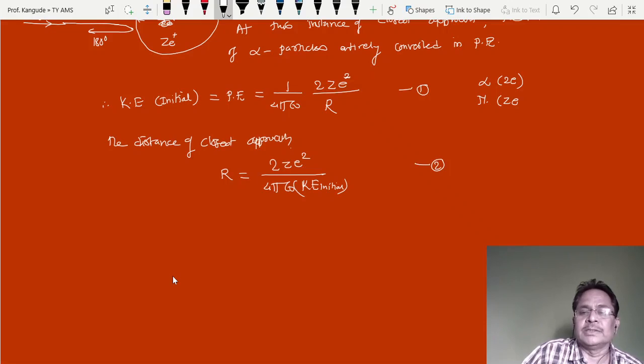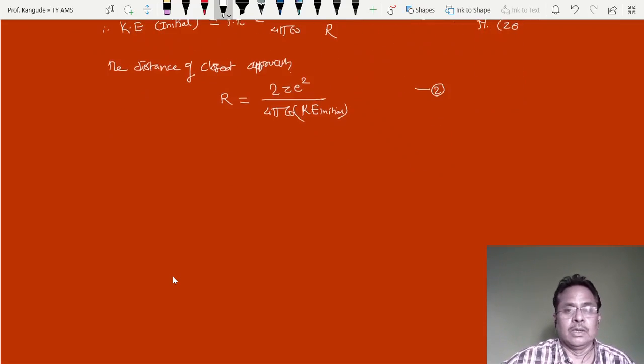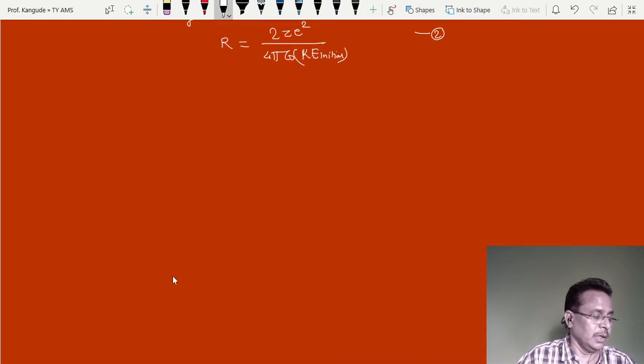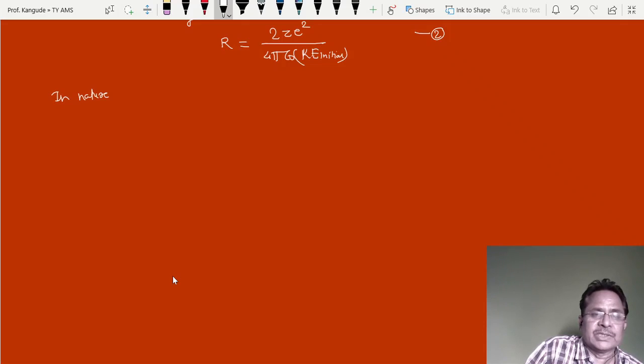This can be taken as equation 2. Now, in natural origin, this initial kinetic energy can be measured, and in his experiment he measured this. So these alpha particles come from some radioactive material, and in natural origin the maximum kinetic energy is equal to 7.7 million electron volts.